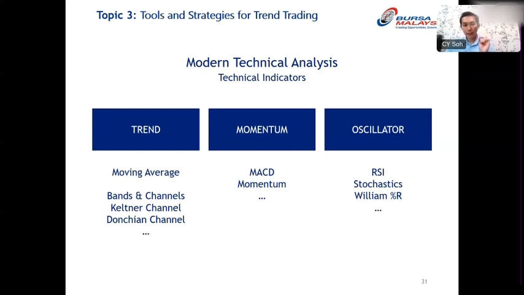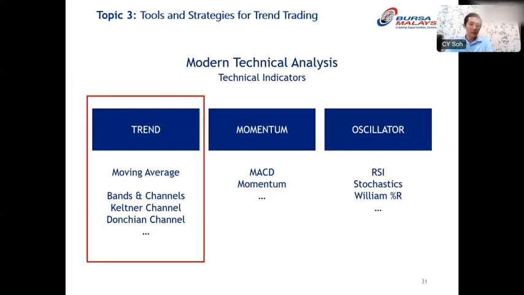Whereas momentum and oscillator indicators, generally, their primary function is not so much about showing trend. Their function is actually showing the strength of the trend, whether the trend is strong or weak. So let's focus on trend indicators first.